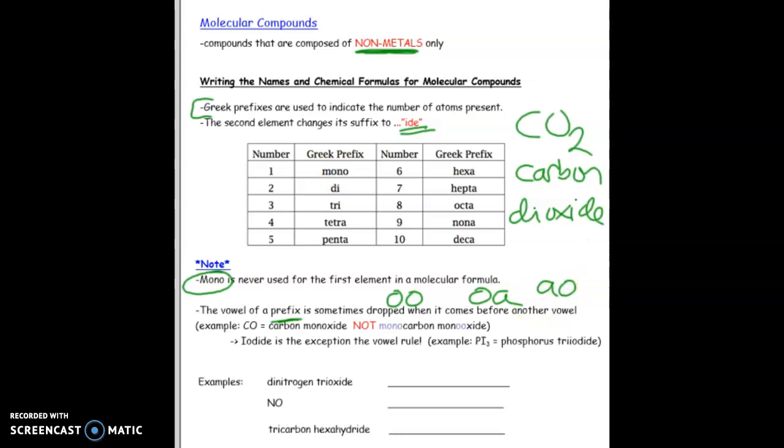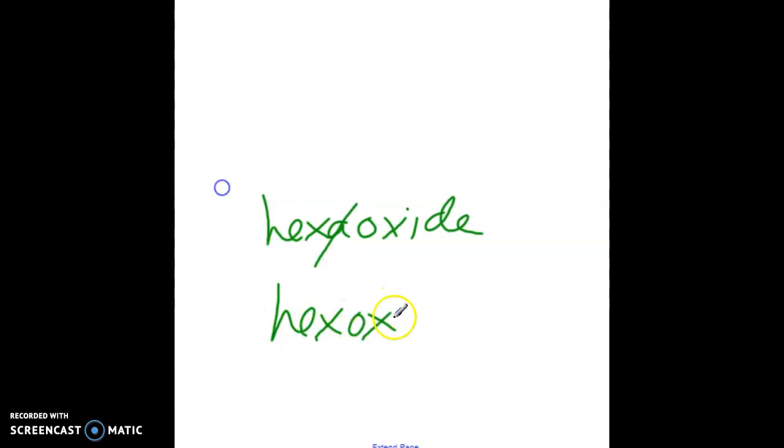So I'll give you an example. If I have, let's say, hexaoxide, you never keep both the A and O. So what you do is you drop the A. So hexoxide.